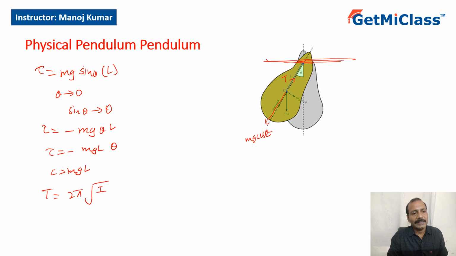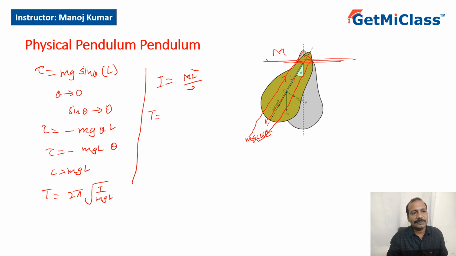So I by mgL. Now if this is a rod of uniform cross section of mass m, then the moment of inertia of the rod would be I equal to mL squared by 3. The moment of inertia of a rod rotating about an axis passing through one of its ends is mL square by 3.